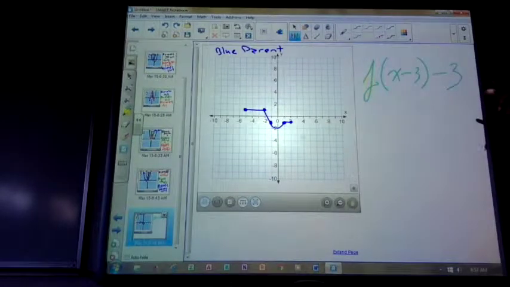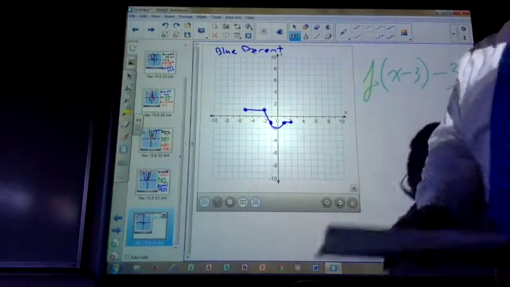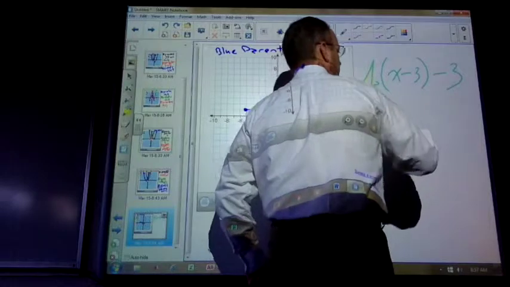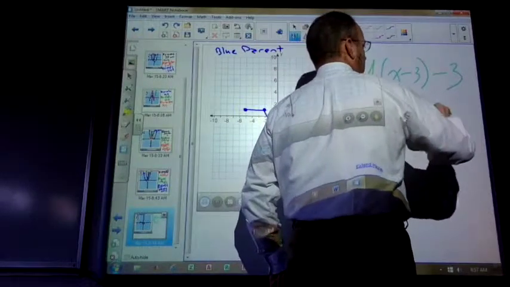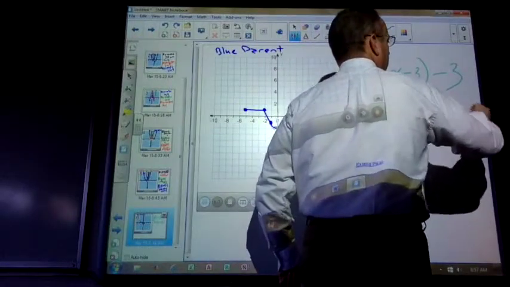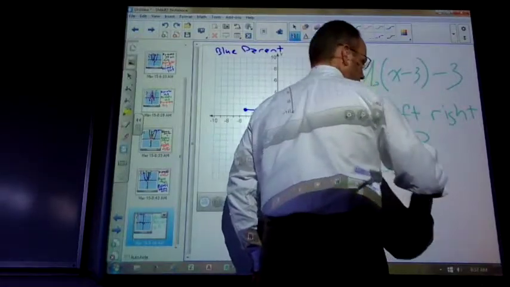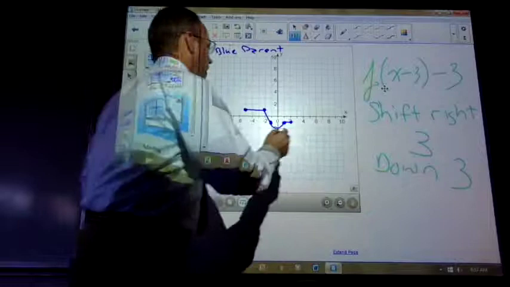f at x minus 3, minus 3. Oh my goodness. Okay. So this is going to shift right 3 and down 3. Ready?